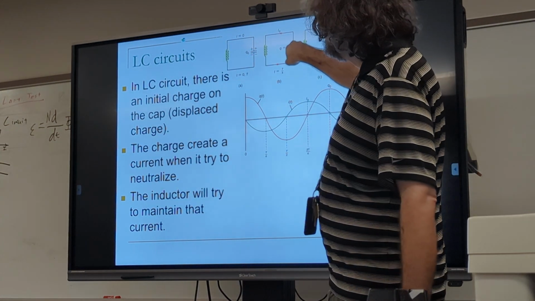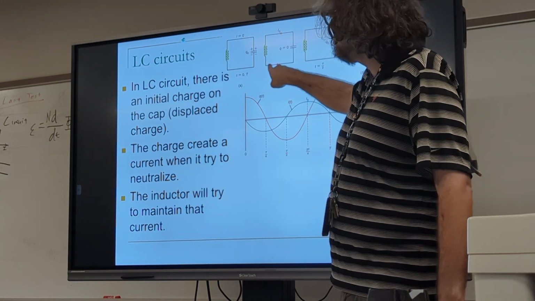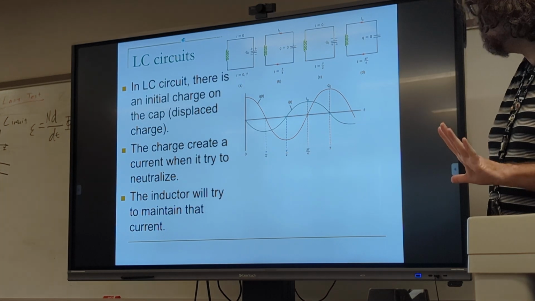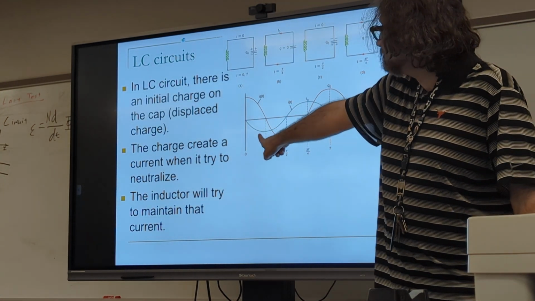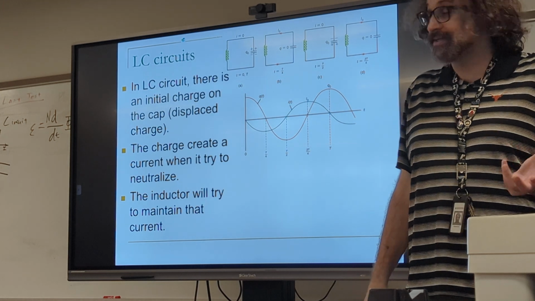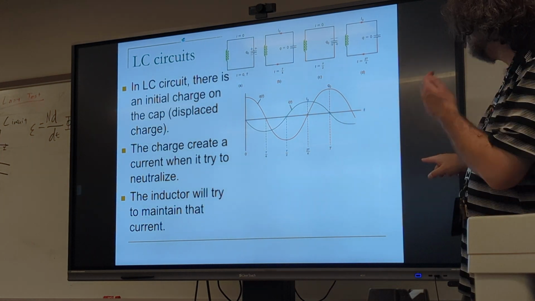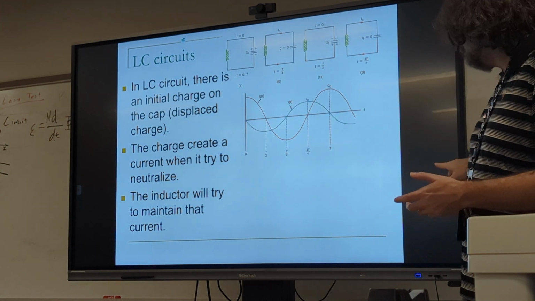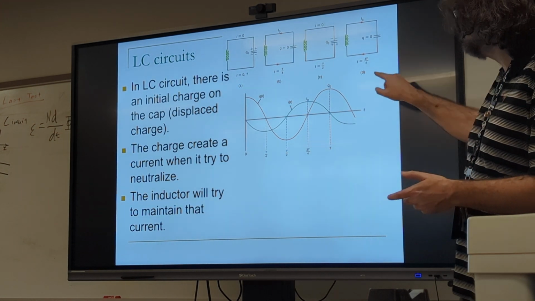And suddenly, this charge is going to try to go back and neutralize the other side, right? But there is an inductor that will try to maintain the current while it passes through it. So it ends up creating these sinusoids.